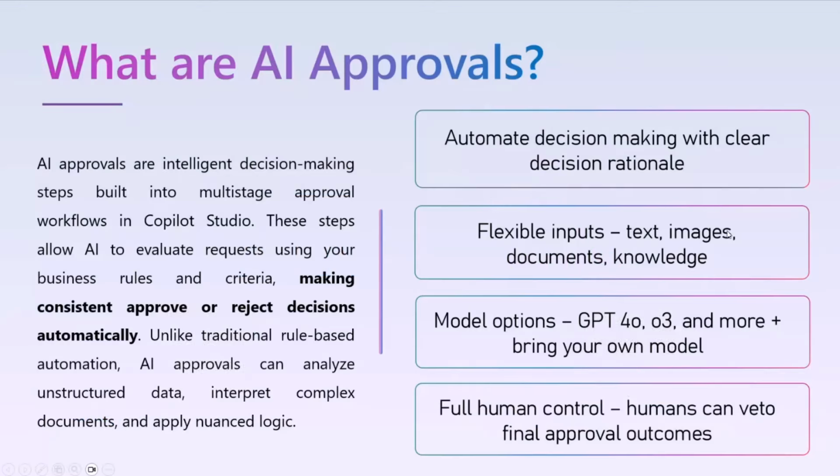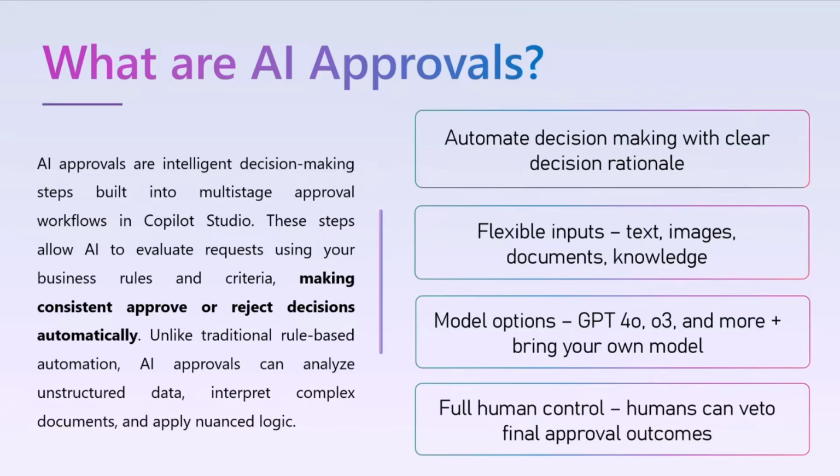But first, what are AI approvals? AI approvals are intelligent decision-making steps that are built into multi-stage approval workflows in Copilot Studio. In May, we also announced multi-stage approvals, where if you're running a business process, you can have it run through multiple different stages or different stakeholders to get their approval.